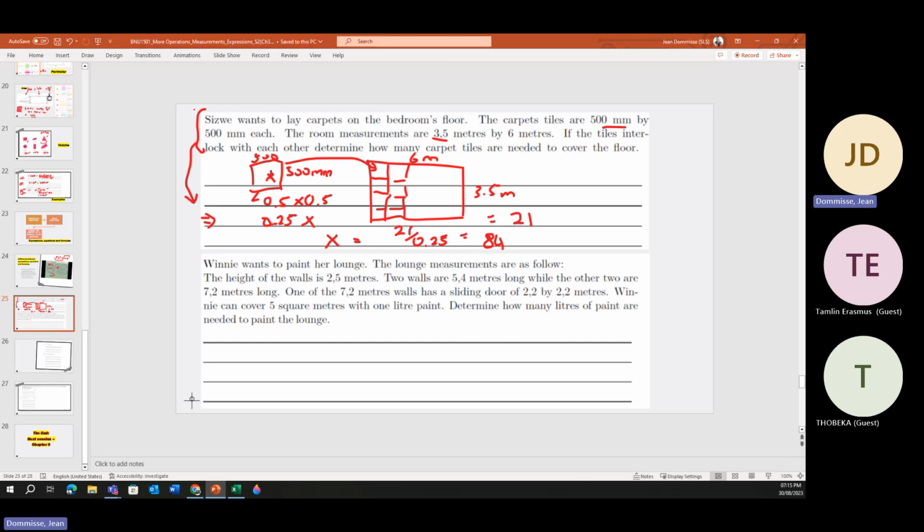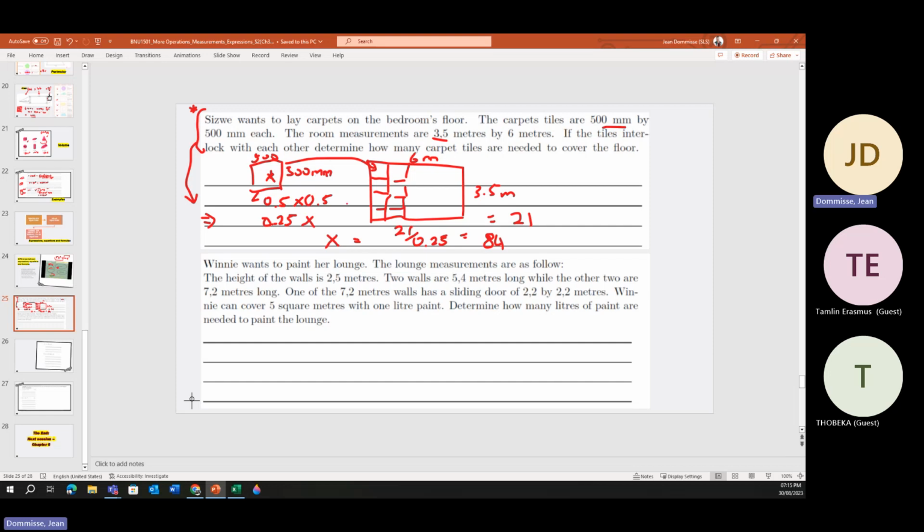They like to ask these type of questions to you guys, where they love to ask for word sums, so that you need to put the word sum into an equation and then work it out.